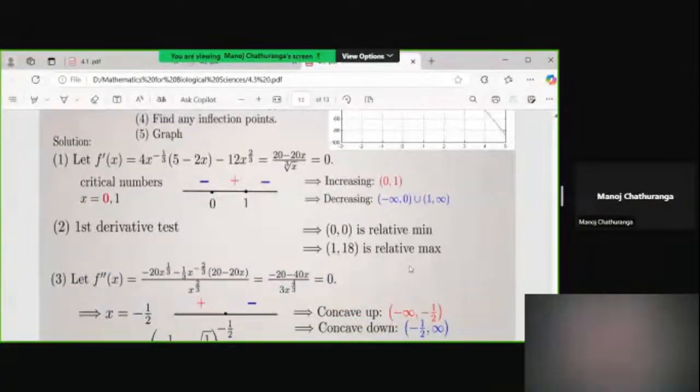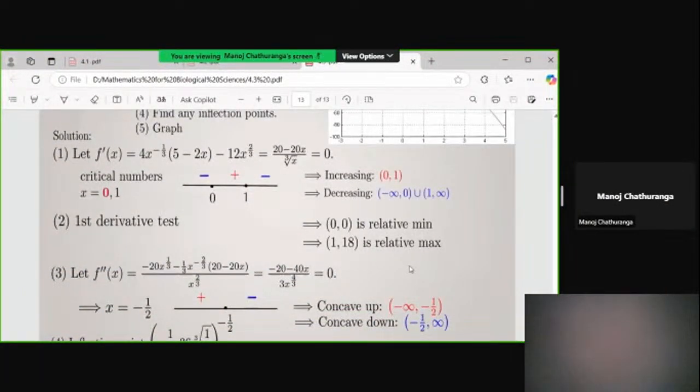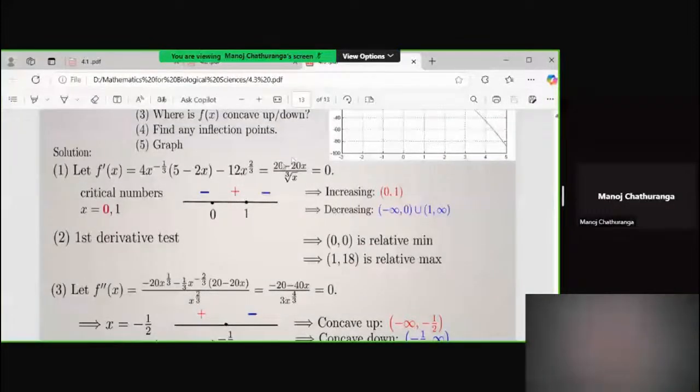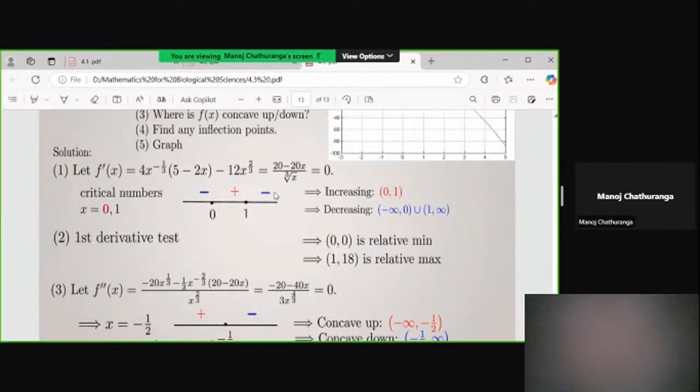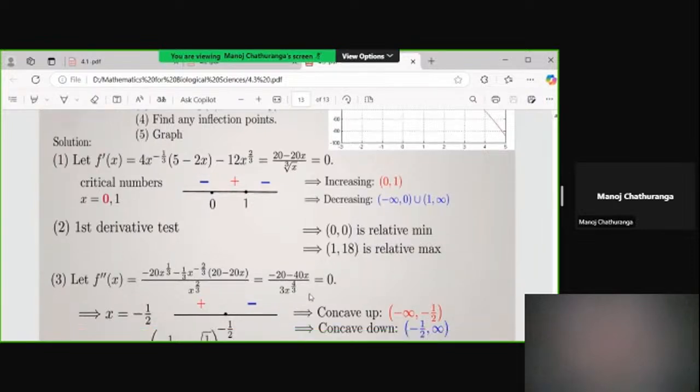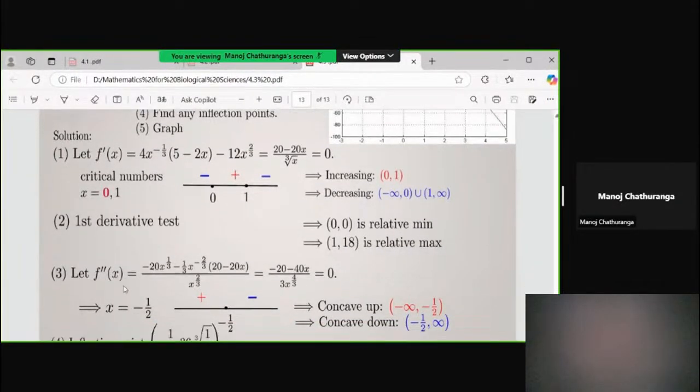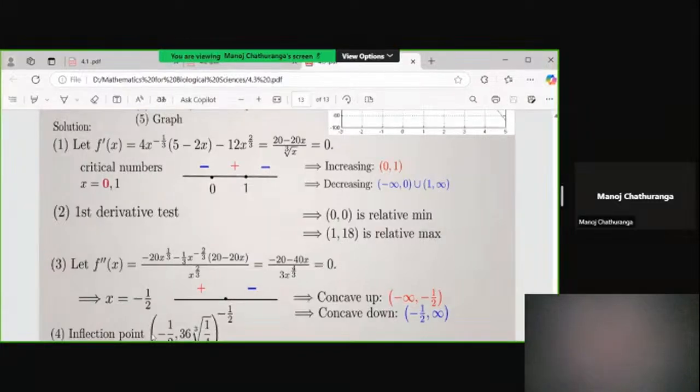You can compute the second derivative. The computations will be complicated because the derivative is a little bit complicated. You can use the quotient rule, and the final answer tells us the second derivative is 0 exactly at x equals 1/2.